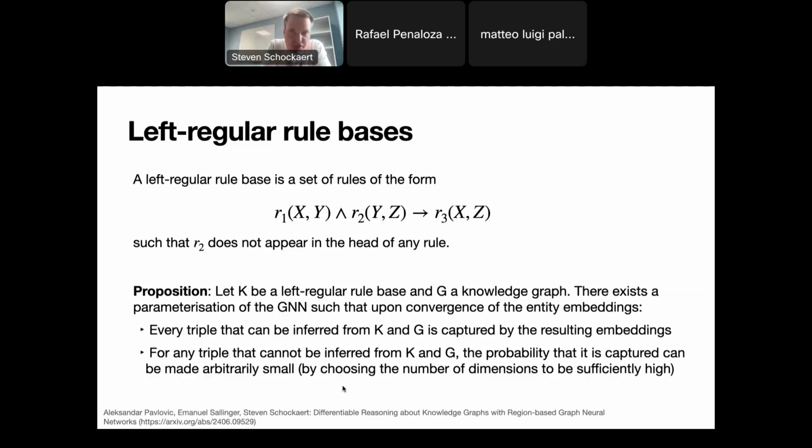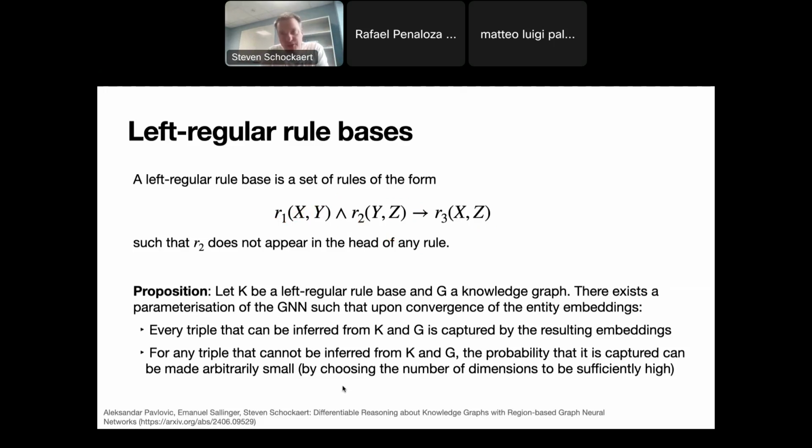But the constraint that we do have is that the second relation in the body cannot occur in the head of any rule, right? So we can have recursive rules, but we can only have the recursion for the first relation that appears in each rule. That's very similar to the definition of a left regular formal grammar. So that's why we call this left regular rule basis.